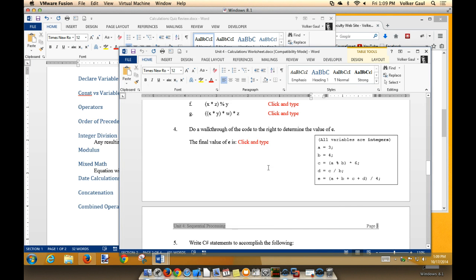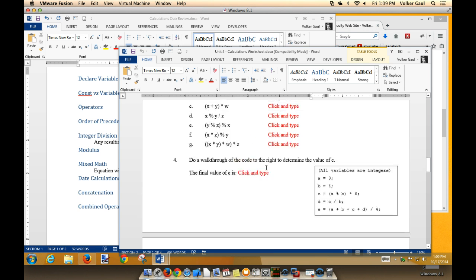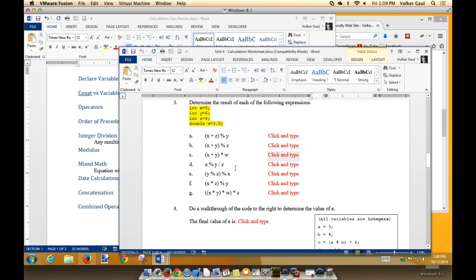So if they're all the same, then you get the same kind of answers. But if you start mixing stuff, like here's a W and an X and a Y. W is a double. Everything else is an integer. So these are two integers, and that's a double. So now this is a mixed math equation.